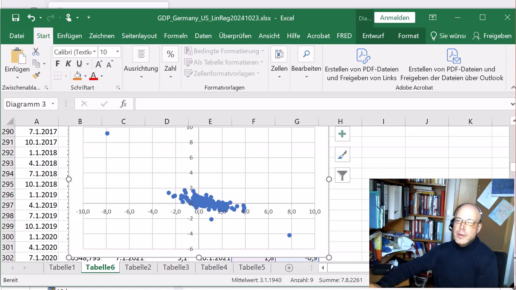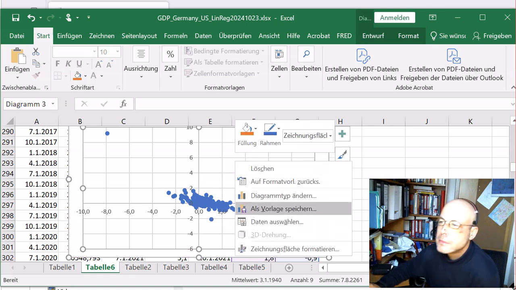But anyway, although we have these Corona data, if we roughly have a look at our data set, we also see that there is a more or less negative dependence between change of unemployment and our growth rates. Well, let's look.